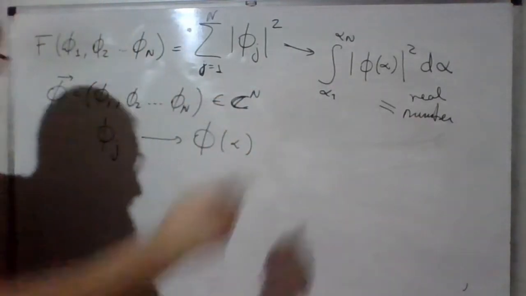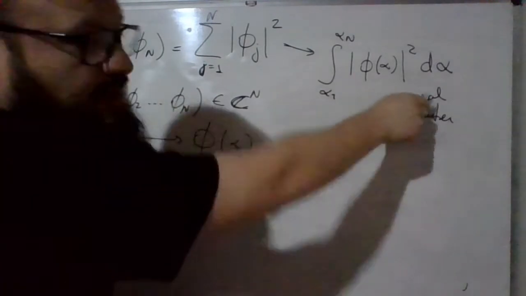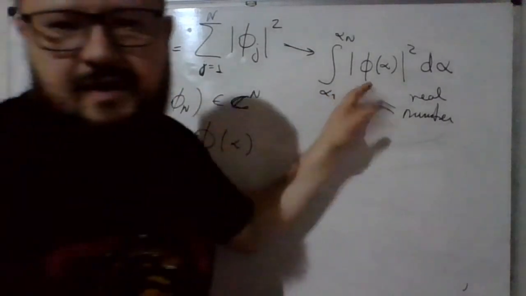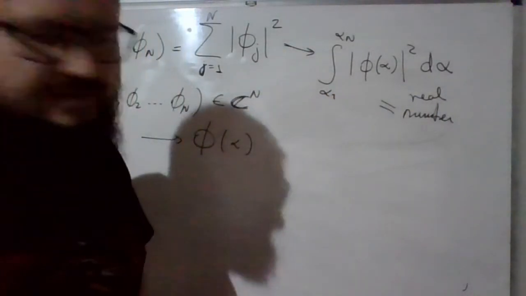So a functional could produce a real number or a complex number. In this example here, it produces a real number.